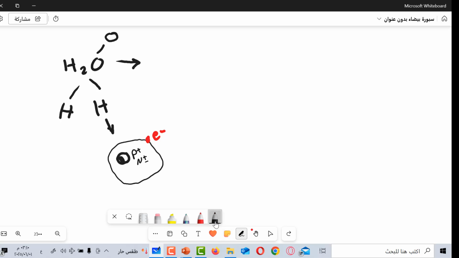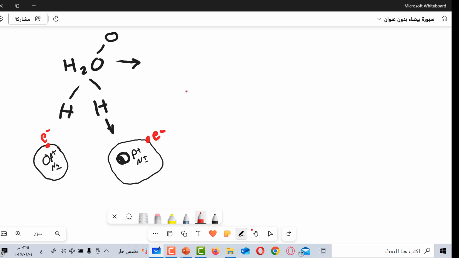And the other one is the same: proton plus, neutron, and around it there is an electron which has E minus.